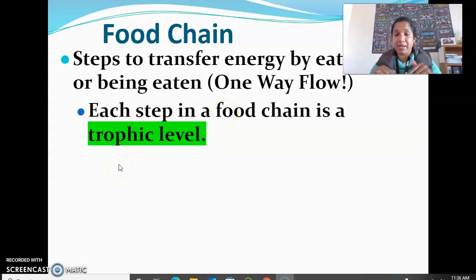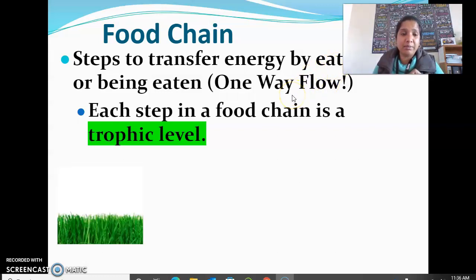Instead of drawing a pyramid, the same thing goes as a chain, which is called the food chain. The energy pyramid talks about the transfer of energy in a pyramid format, whereas the food chain gives the same information, where something is eaten or eating something, in a chain. We will see an example which will help you understand what it is.